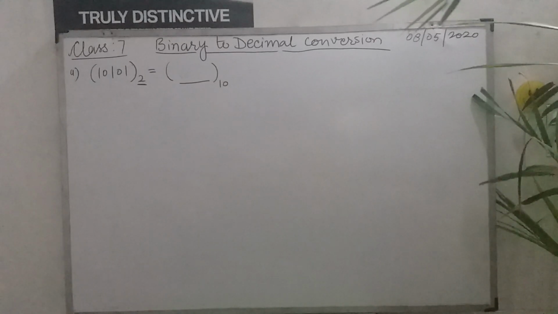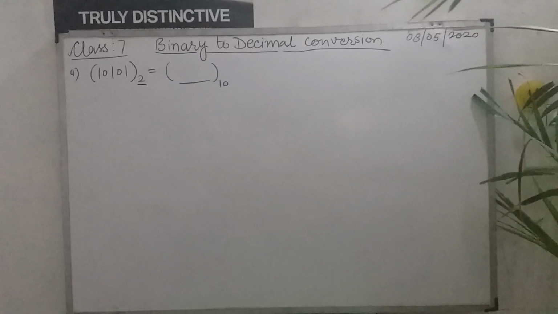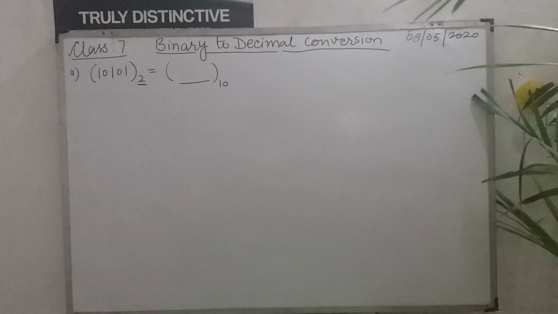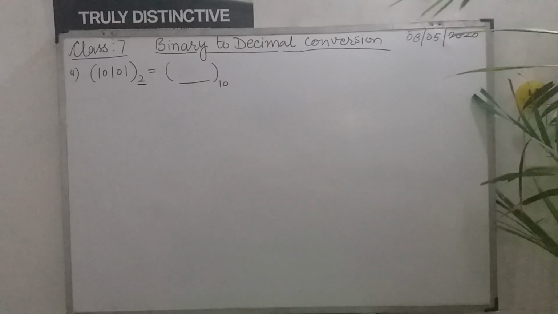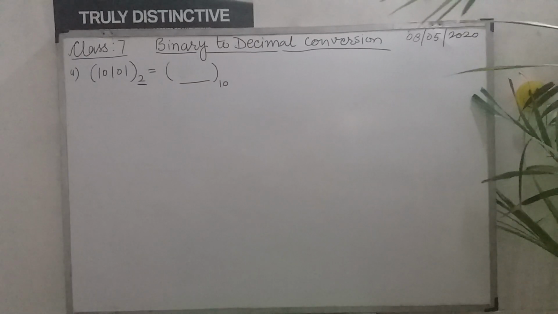Whereas in the binary number system, the base value is 2. Why is it 2? Because binary numbers have only 2 digits, 0 and 1, to represent all binary numbers. Because they have only 2 digits, its base value is 2.